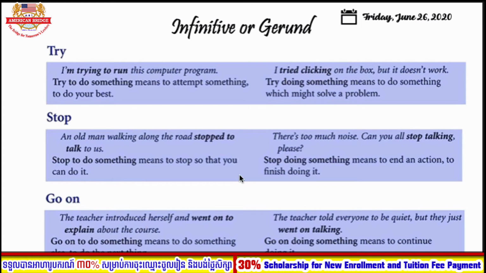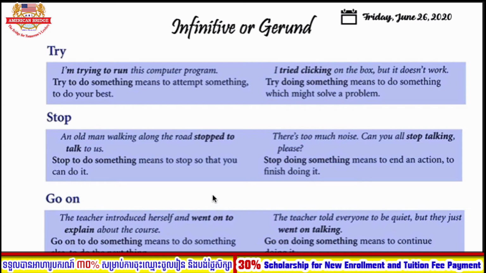And if you say go on doing something, it means you continue doing it, there is only one action. So please go on finishing your exercise number 1, which means you have not yet finished exercise number 1 and you continue to do it.